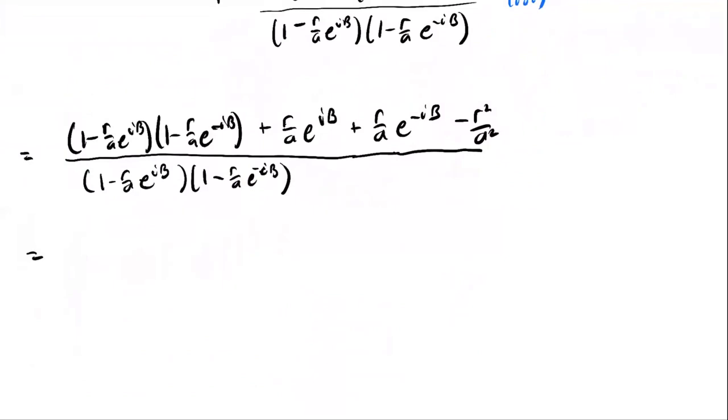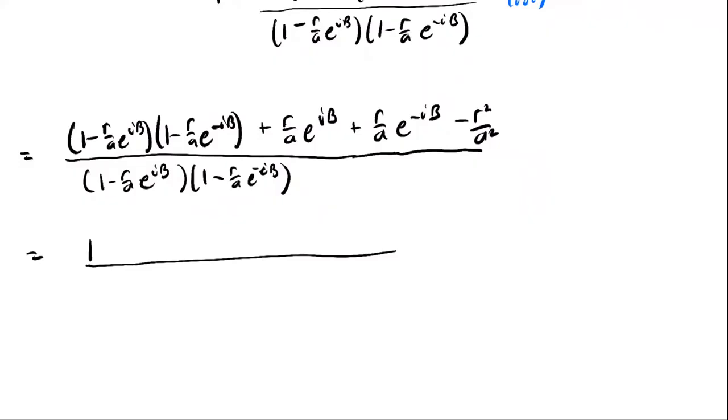Now let me clear up some of this. I don't want any fractions in the numerator, so let me multiply through by a squared. Well, before we do any of that, let's just multiply out all of the terms in the numerator and denominator that we haven't calculated yet. So in the numerator, we multiply this out.